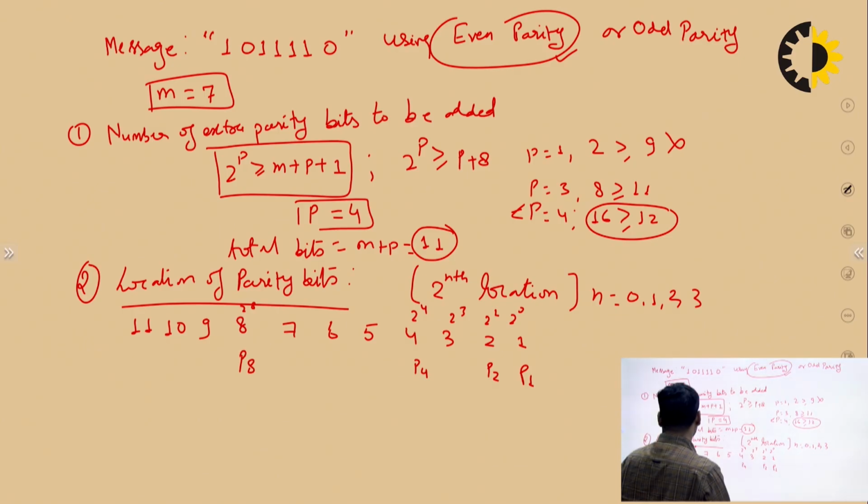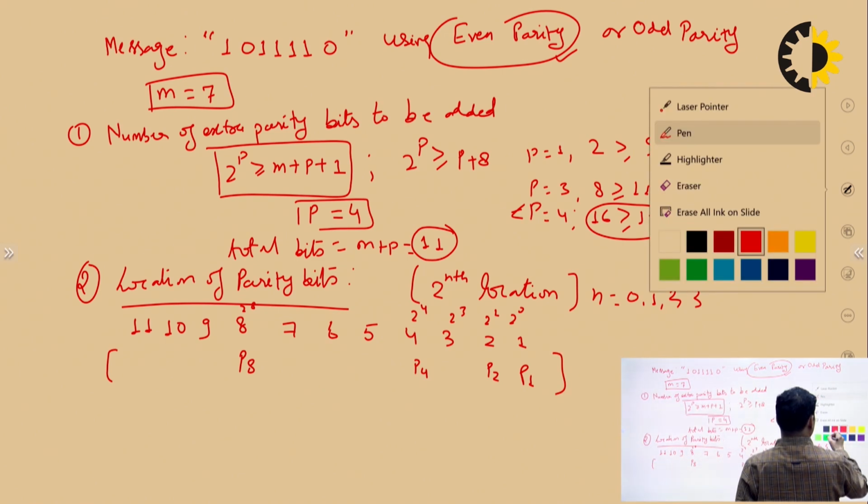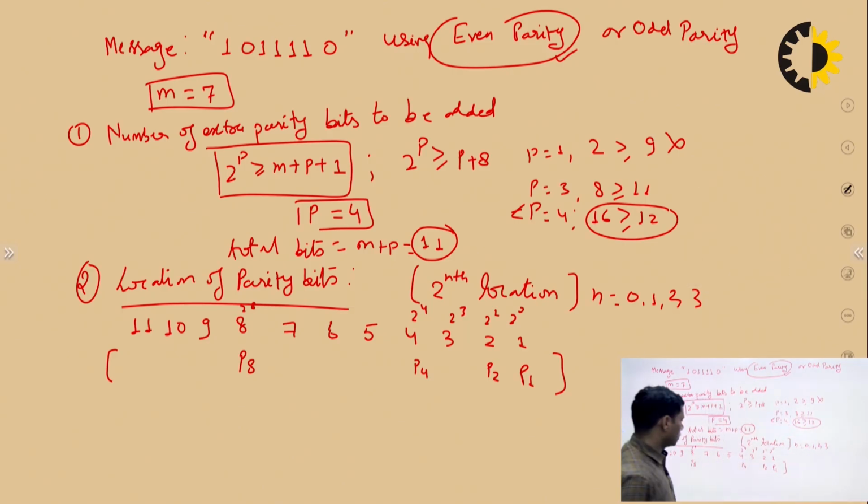Now this is the position of parity bits in this message, and in the rest of the positions we have to put the value of this message, 1 0 1 1 1 1 0. Starting from the left side, 1 0 1 1 1 1 and 0.